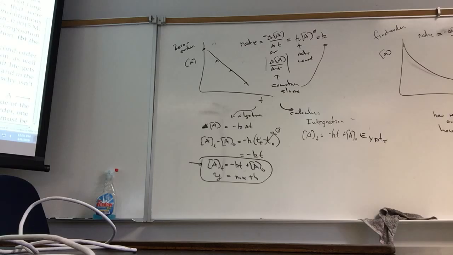Let's try to use algebra. Then we get delta A over delta T. If I want to figure out how much, then I do delta A, how much, right? If I want how long, then I figure out delta T, how long? How much? How long?